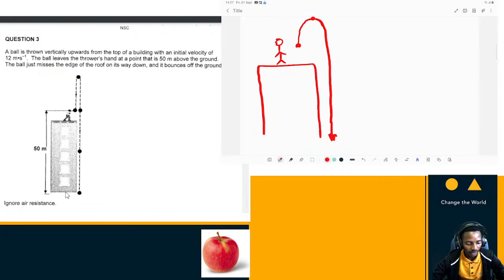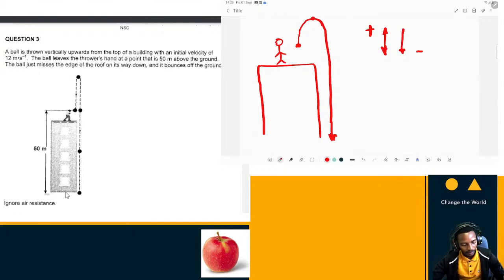So the direction of the motion of the ball is upward. So the ball is going upward. So its acceleration is pulling it downward. So we're going to choose this direction as negative and this direction as positive.